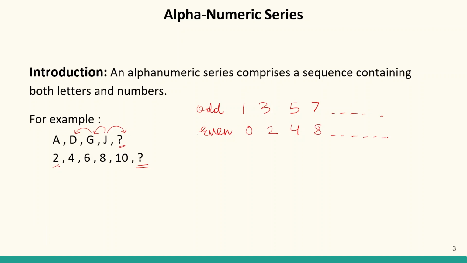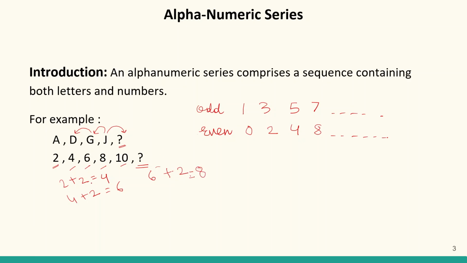So in this question, we can see that this is an even number series, right? So 2, then 4, then 6, then 8, then 10. So I can say that 2 plus 2 equals 4, 4 plus 2 equals 6, 6 plus 2 equals 8.